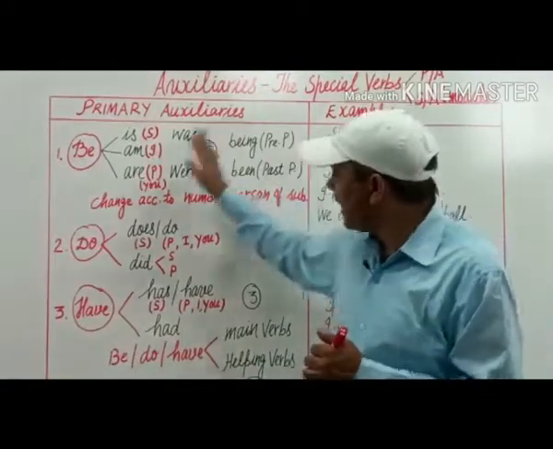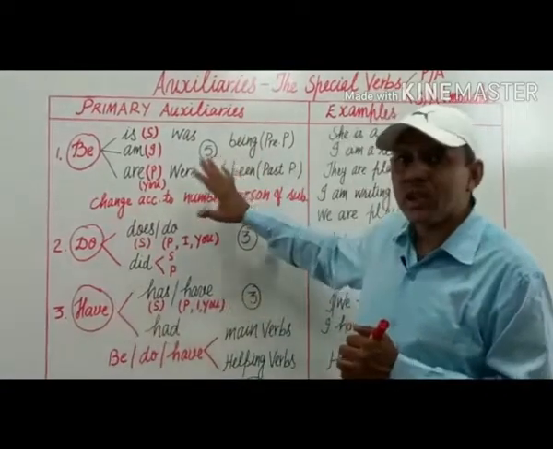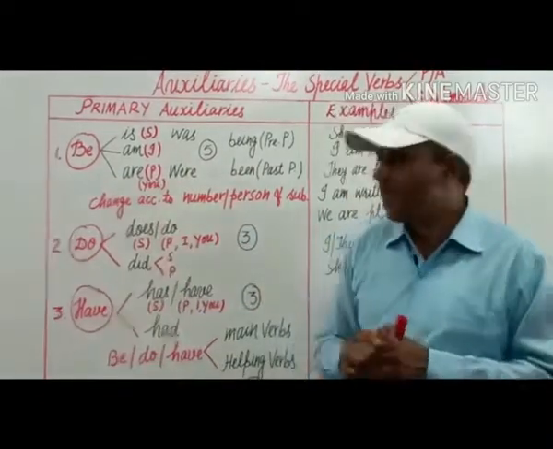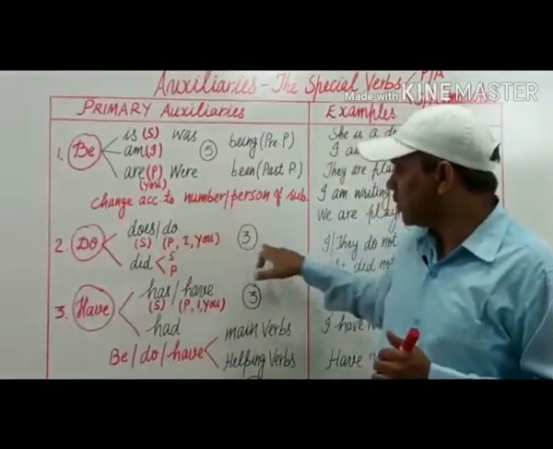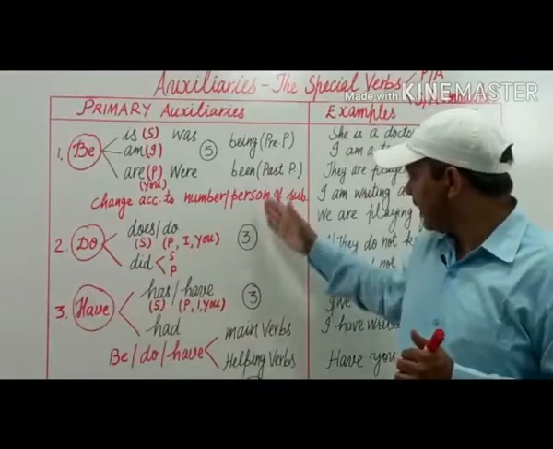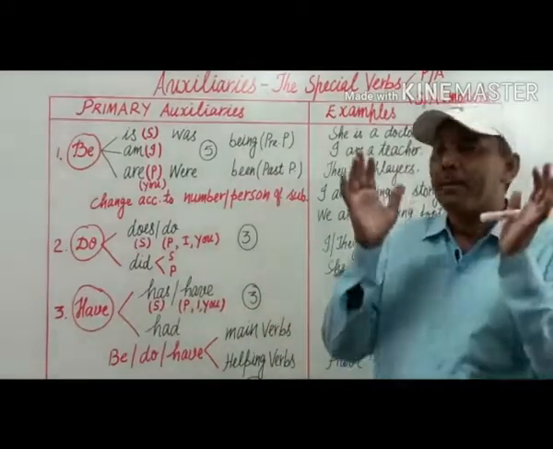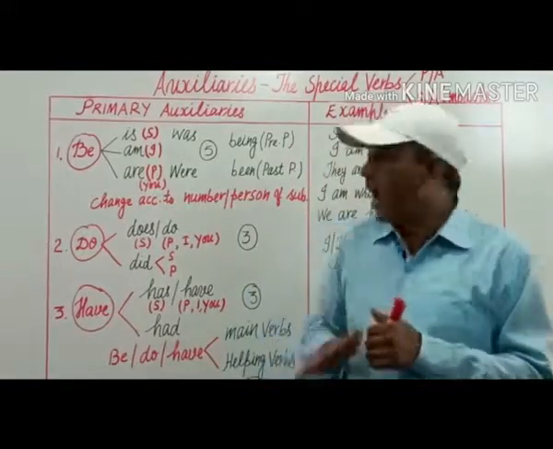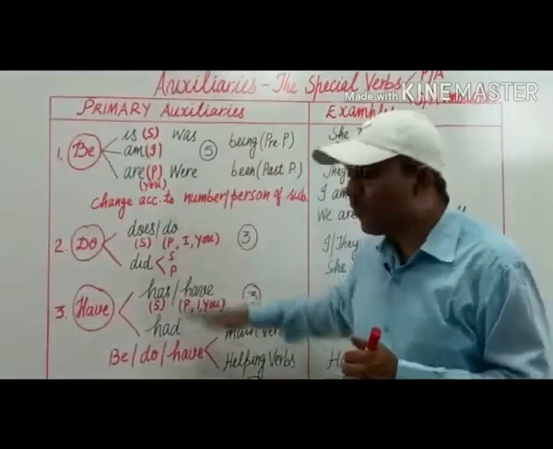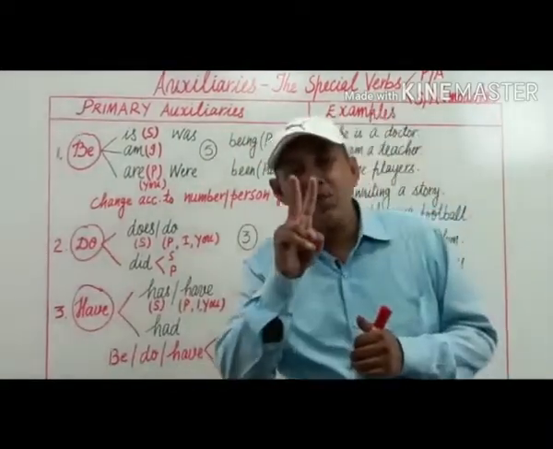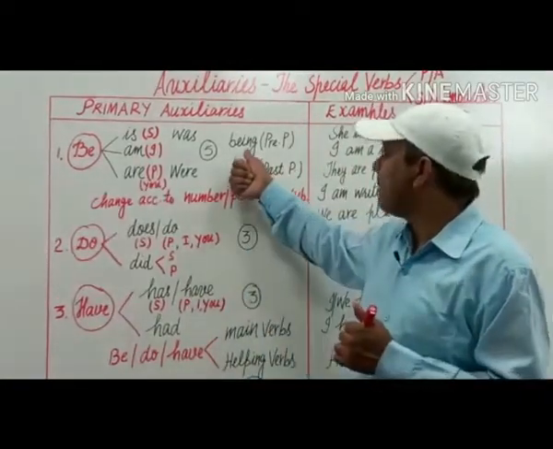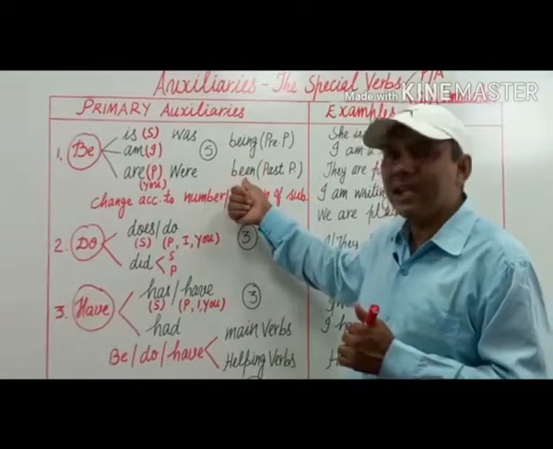Now we shall learn the different uses of the forms of be, do, have. Be 5, do 3, have 3. In this way, primary auxiliaries have 11 forms. Apart from these 11 forms, be has 2 other special forms also, that is being and been.